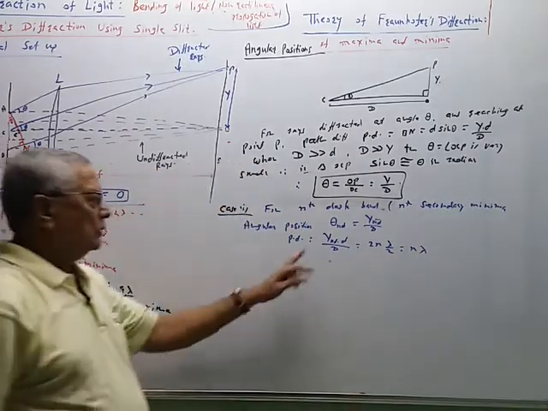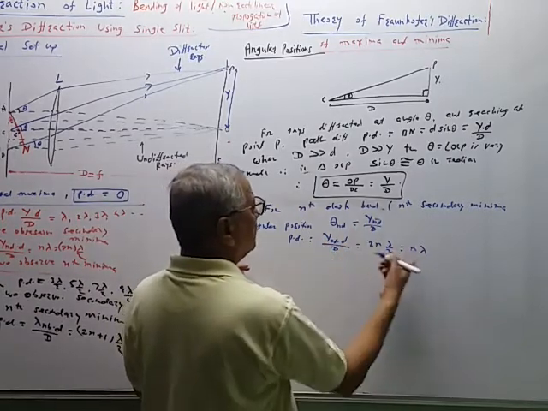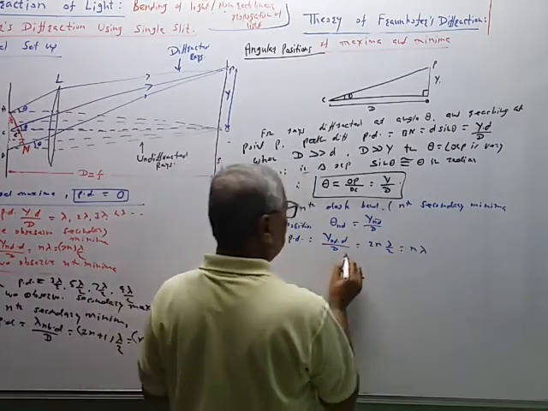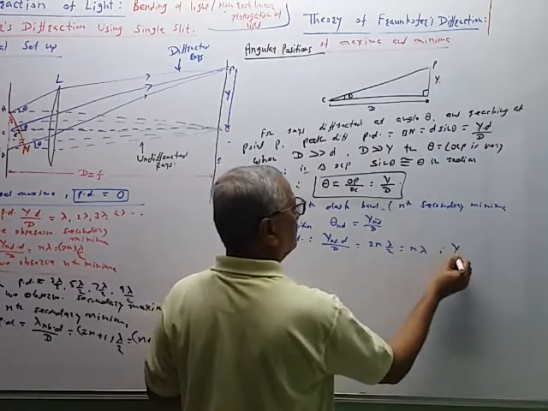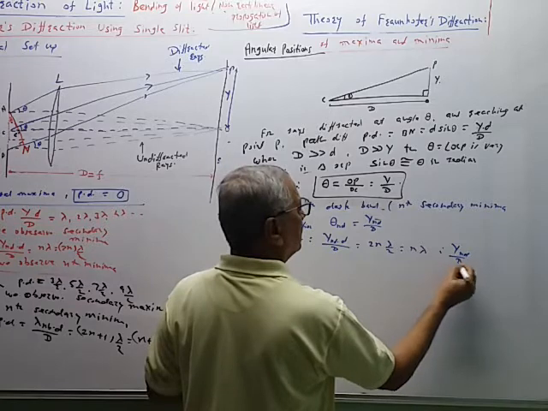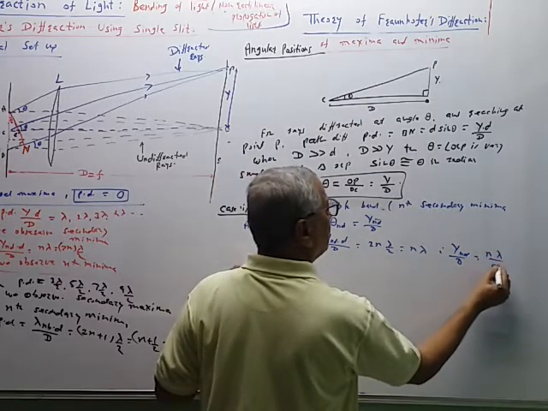So this d y nd upon D can be replaced by y nd upon capital D is equal to n times lambda upon d.